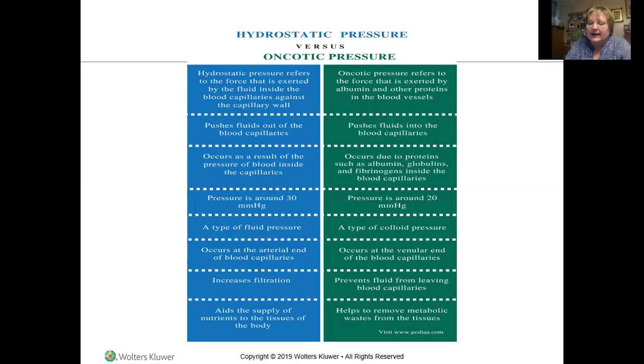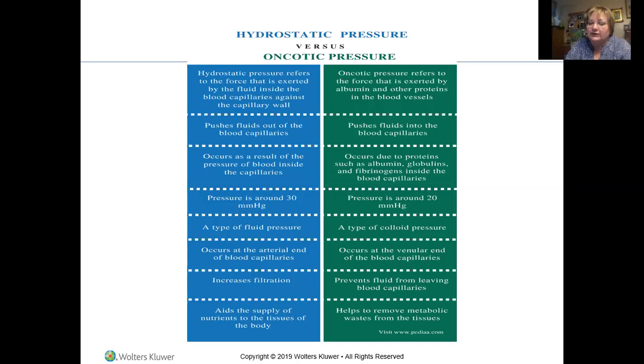That creates a pressure that pulls the fluid, including the waste products and CO2, back into the venous side of the capillaries. It occurs due to proteins such as albumin, globulins, and fibrinogen inside the blood capillaries. At this point, the pressure is around 20 millimeters of mercury, so it's even less. We call this a type of colloid pressure.